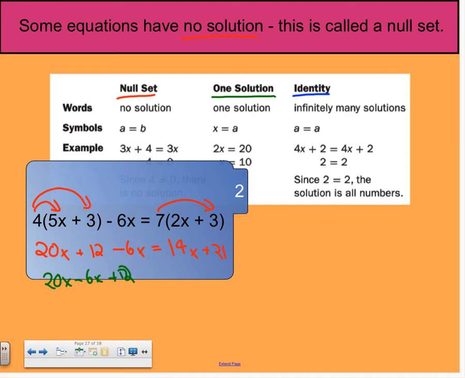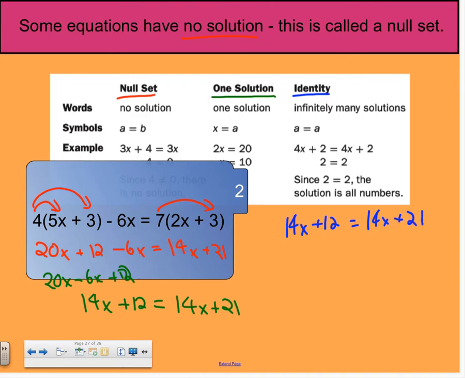What's 20x minus 6x? 14x. So I've got 14x plus 12 equals 14x plus 21. Now let me move that over here. So once again, 14x plus 12 equals 14x plus 21.